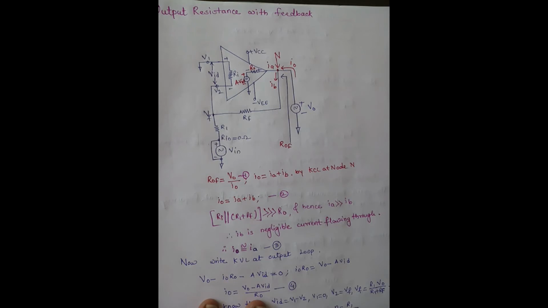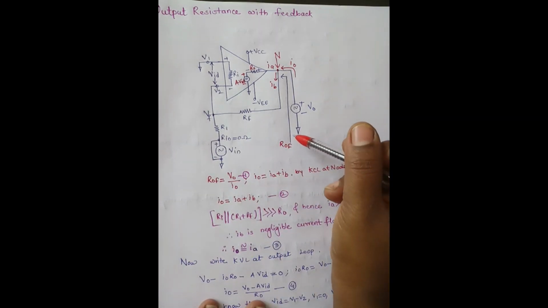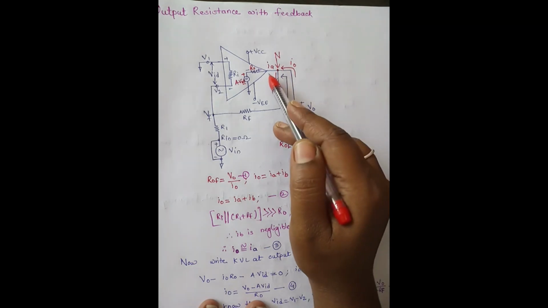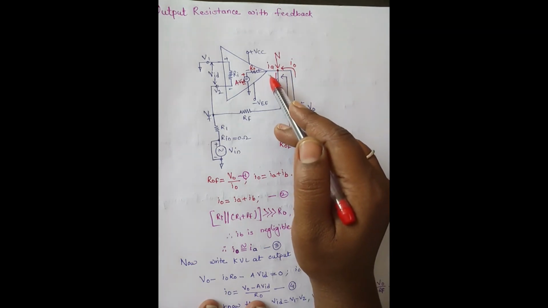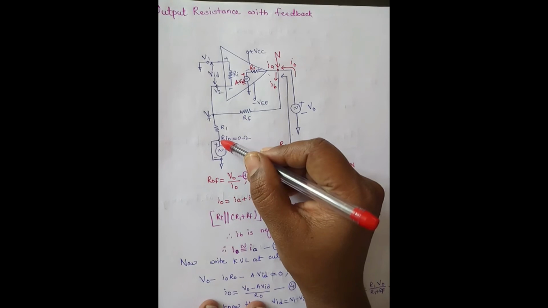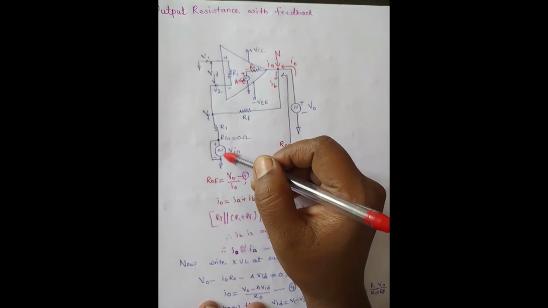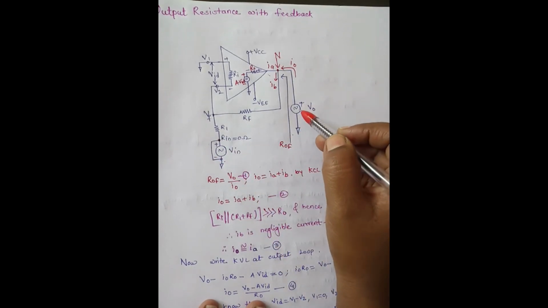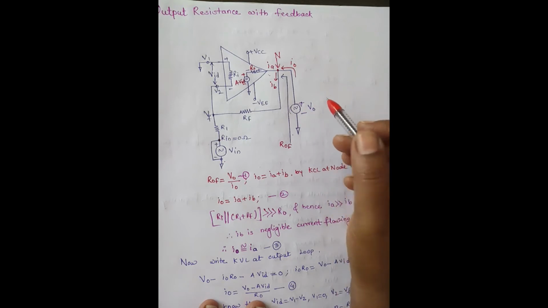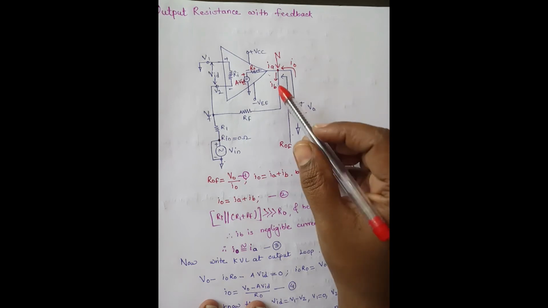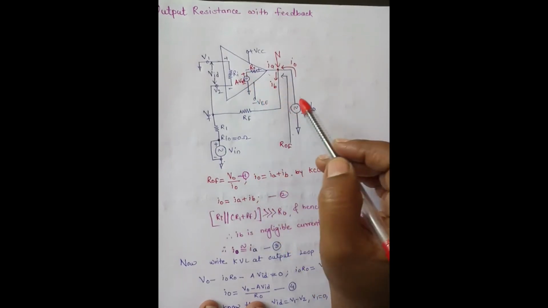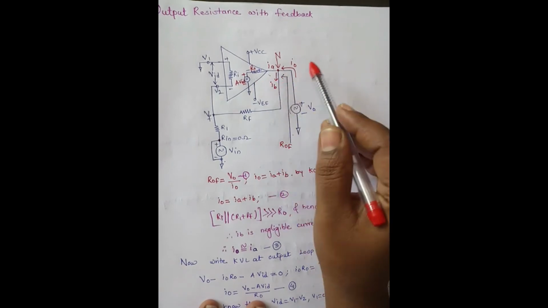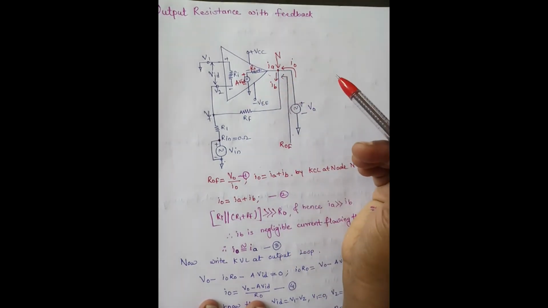How are we going to define it? Output resistance is the resistance measured at the output terminal of the circuit with independent sources, that is Vin, made 0. Vin reduces to 0 and an external voltage source is applied at the output. So we are connecting V0 at the output and we want to find the output resistance when looking back into the output terminal of the op amp.